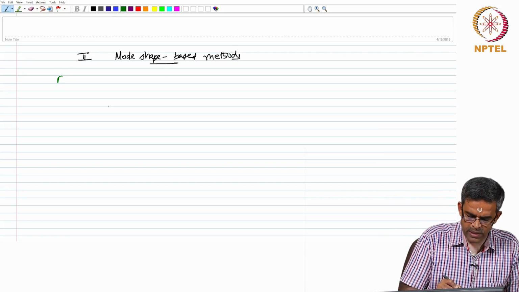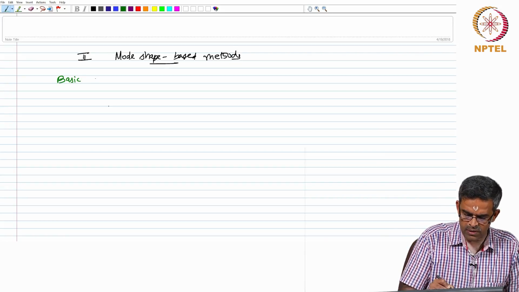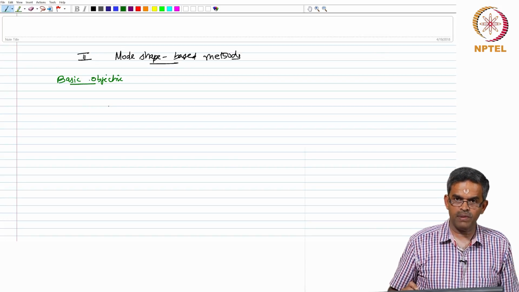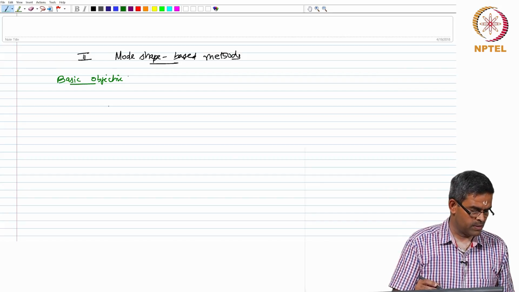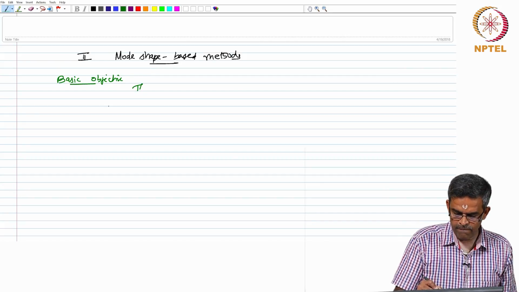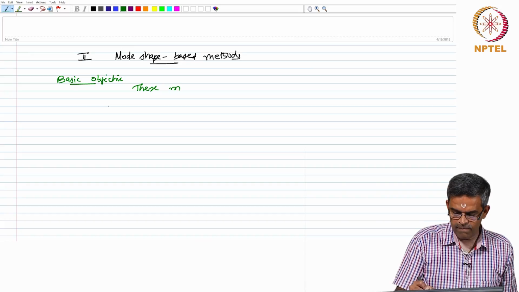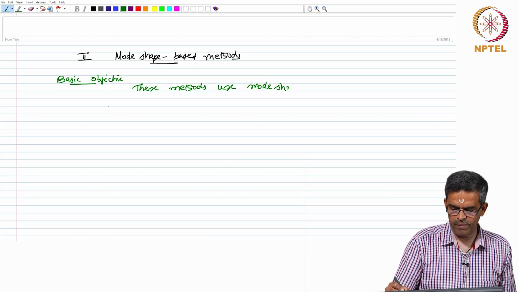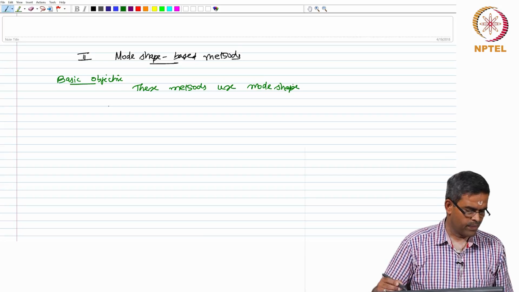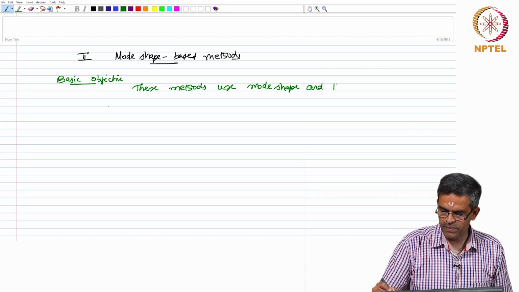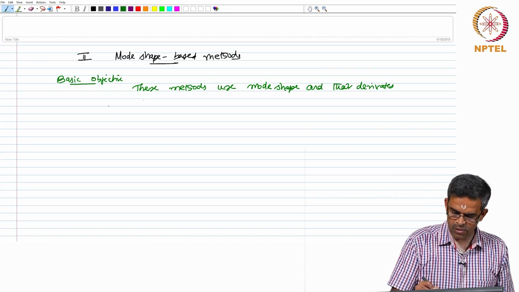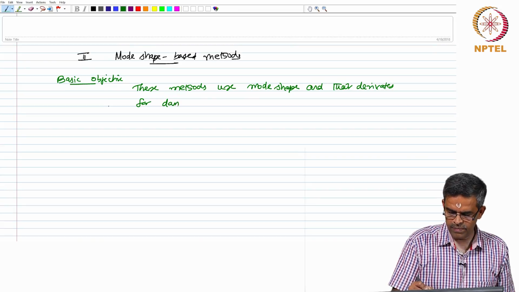The basic principle of these methods is that these methods use mode shape and their derivatives for damage detection.